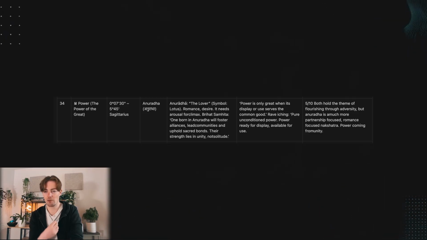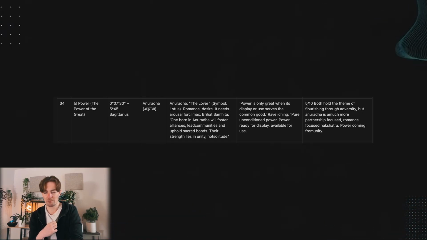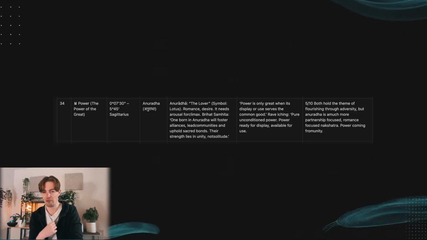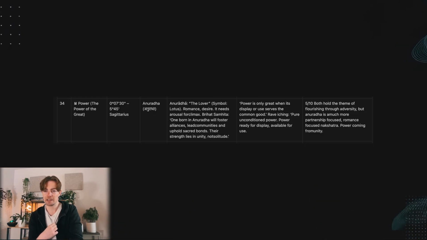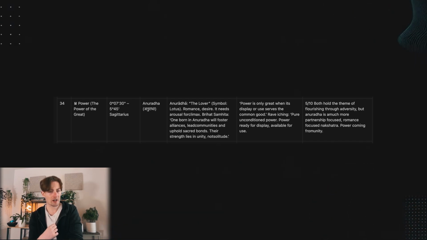It's love and romance and relationships. It has some association with occult powers, but it's more traditionally associated with love, romance, partnership, and community and interpersonal skills. Maybe power coming from unity. So it's not a direct match with Anuradha with the gate of power.